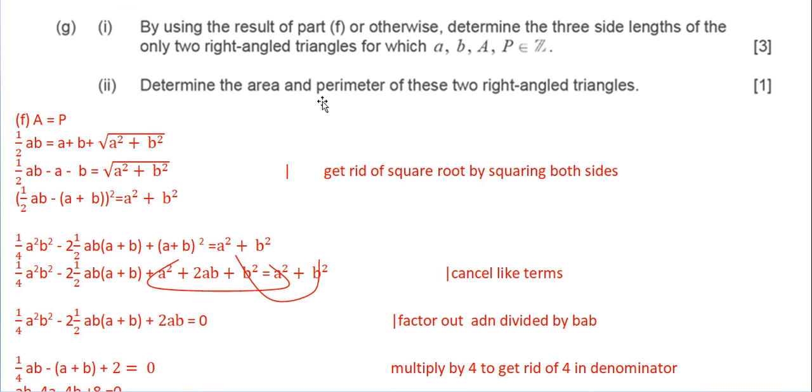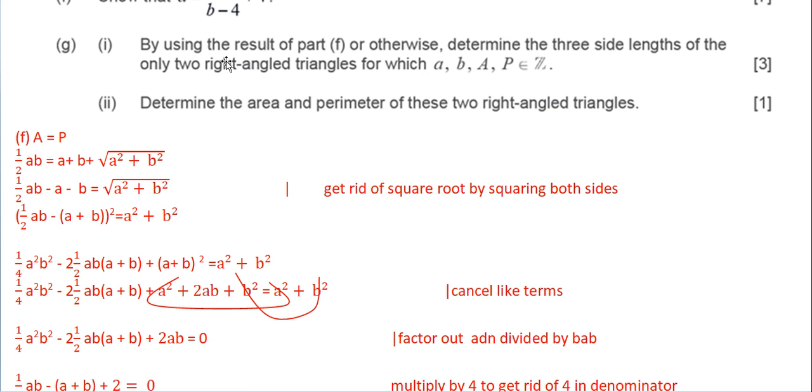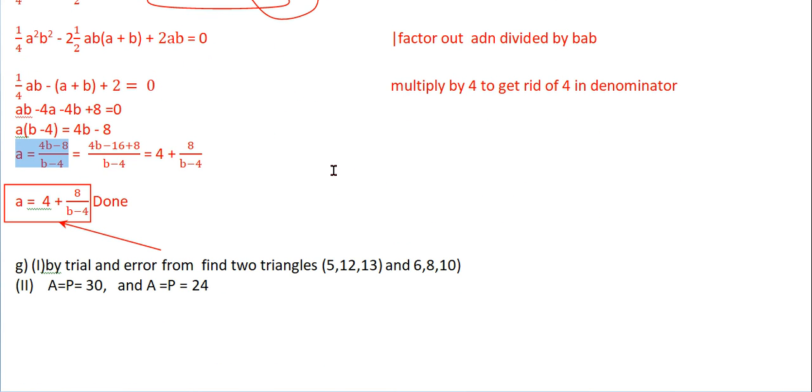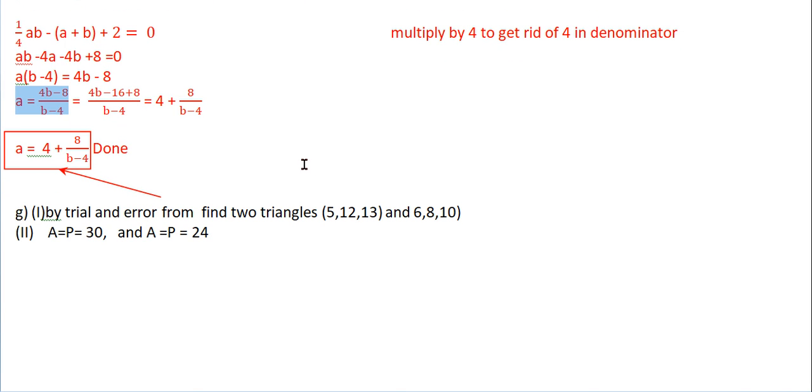Using the result of part F, or otherwise, determine the three side lengths of the only two right-angled triangles where area equals perimeter, and determine the area and perimeter of these two triangles. I did it by trial and error. So a should be more than 4. I tried 5.